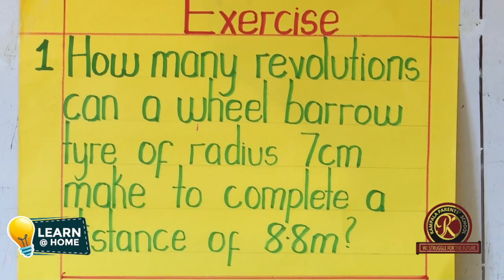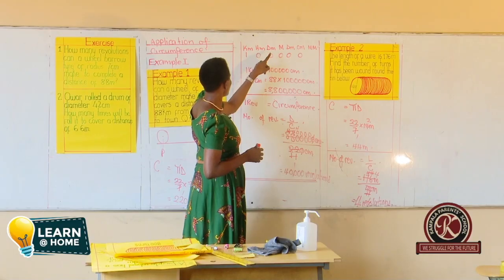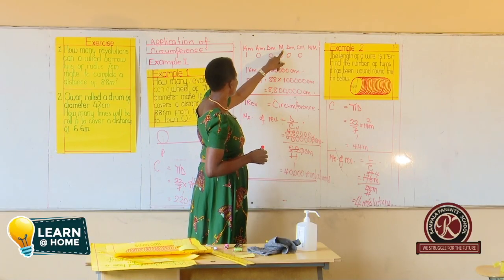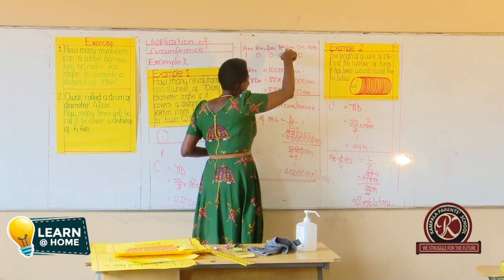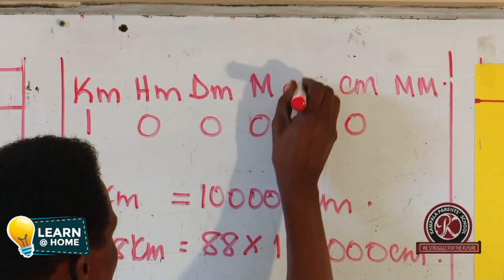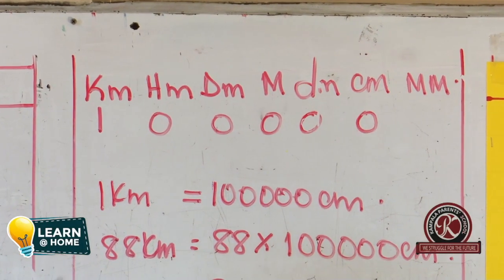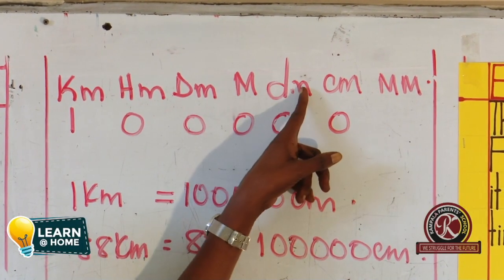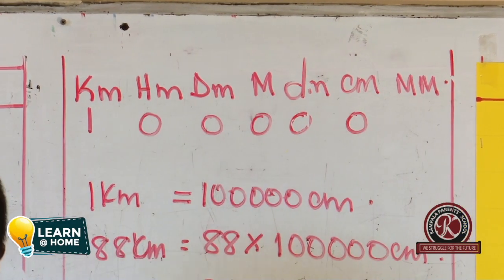Here, when we were changing these kilometers, hectometers, decameters, meters, to differentiate this with this, let me give you here d, small d, so that you know that this is decameter and this one is decimeter.